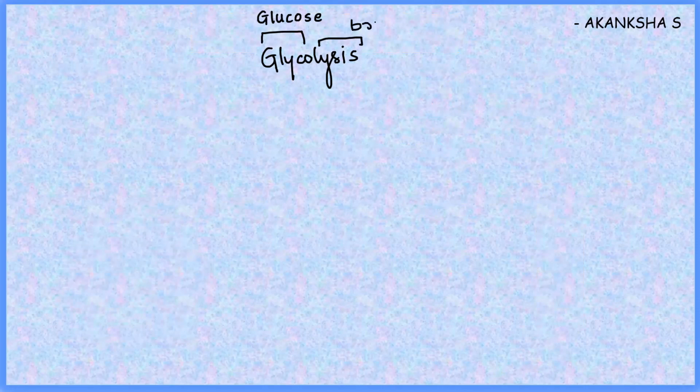Now, glycolysis itself is not a one-step pathway. It's basically a 10-step pathway. Glyco means glucose, right? Lysis is breakdown. This breakdown of glucose to obtain energy occurs in 10 steps and is divided into 2 major sections.